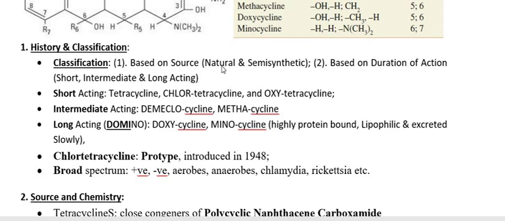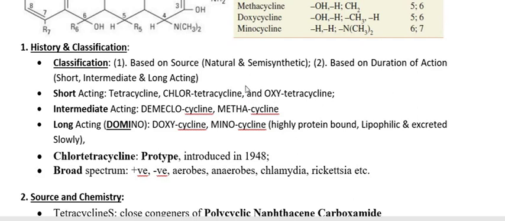First we go through the natural tetracyclines. Under the natural tetracyclines, there are mainly three: oxytetracycline, chlortetracycline, and demeclocycline.